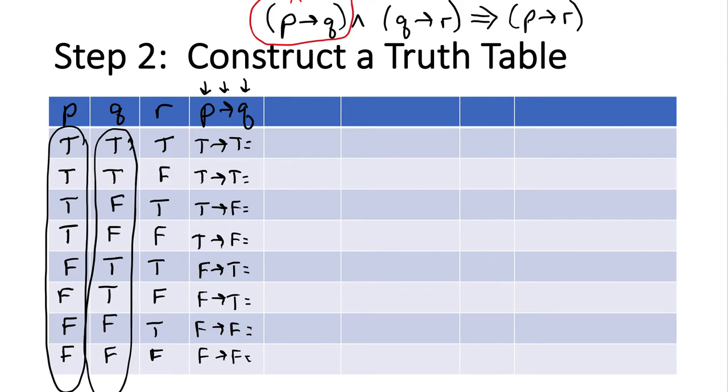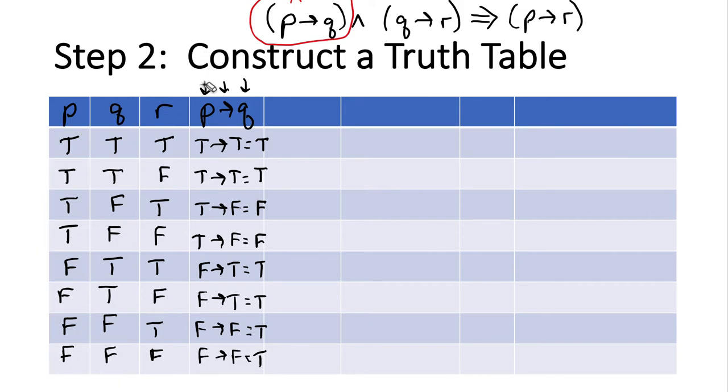So I know that on my if-then table that this is my false case, but that every other scenario is true. So I'm going to go ahead and fill in the rest with trues. All right, and so now we're ready to move on.